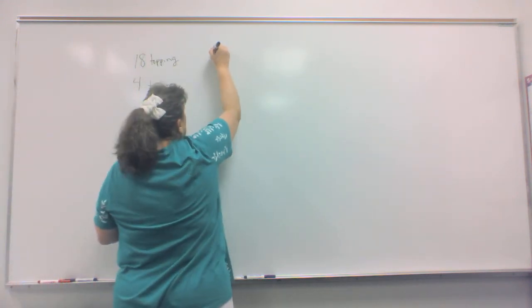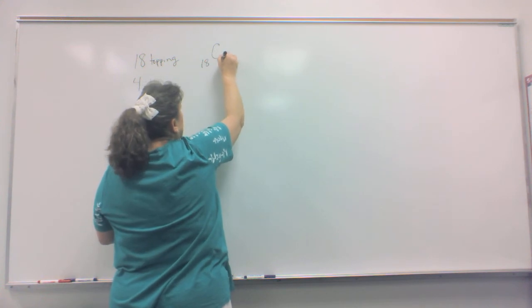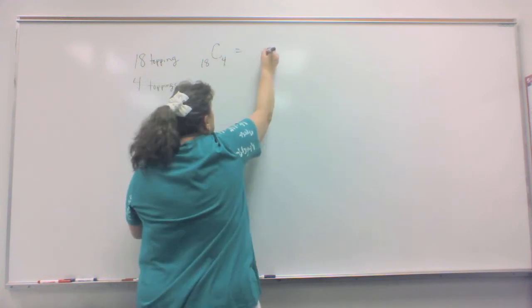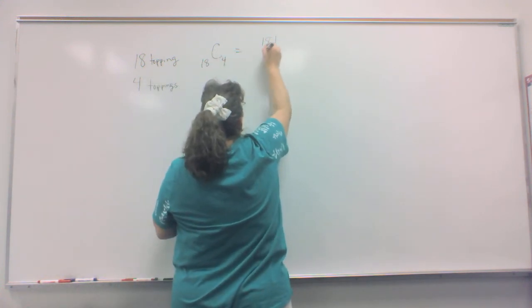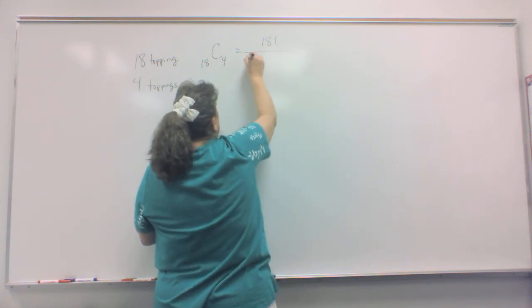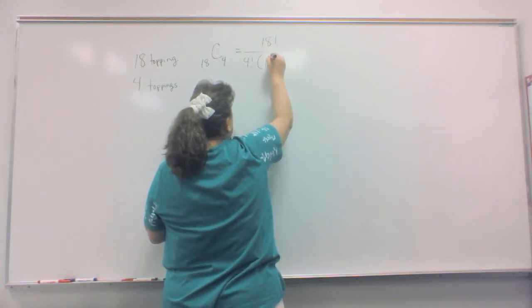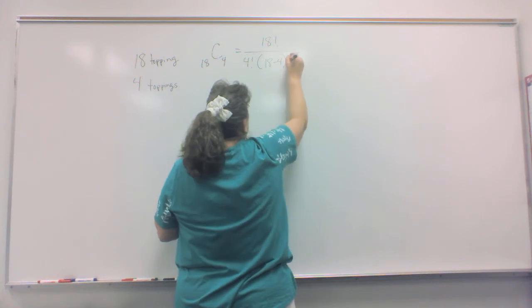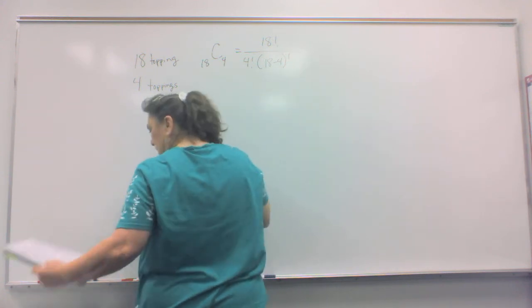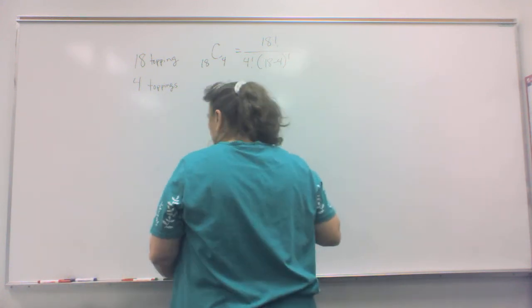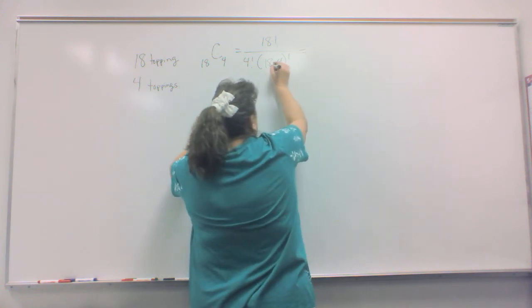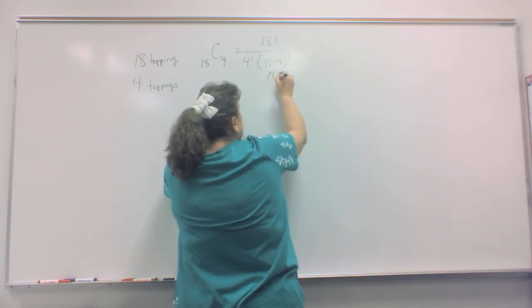So we're going to have combinations 18 and 4, which is equal to 18 factorial over 4 factorial times 18 minus 4 factorial. Okay? So let's write that thing up. 18 minus 4 is 14 factorial.